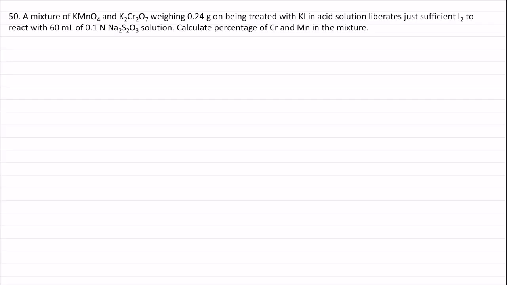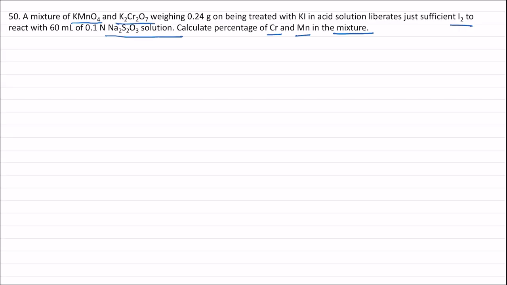Now in this question, we need to calculate the percentage of chromium and manganese in the mixture. Now equivalence of the hypo solution or Na2S2O3 solution will be equal to equivalence of iodine, and equivalence of iodine will be equal to the sum of equivalents of KMnO4 and K2Cr2O7.